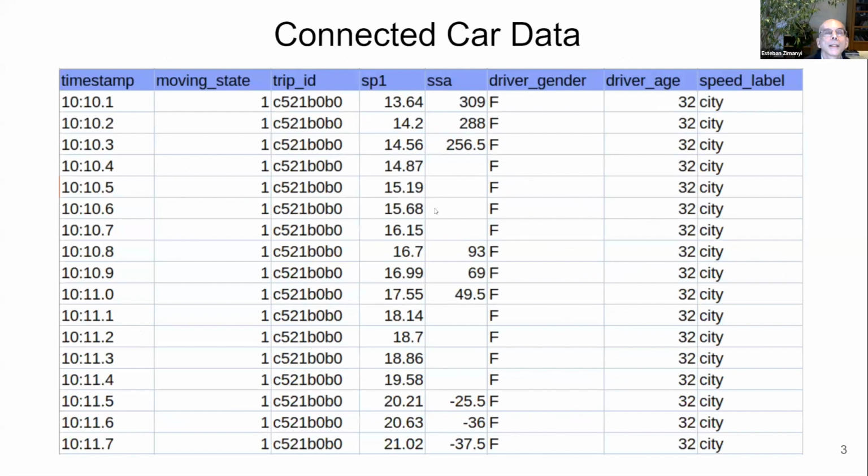And let's see how this data comes into reality. This is a real data set from a real, well-known car constructor, who collect the data every tenth of a second, and we have here 2,000 signals.